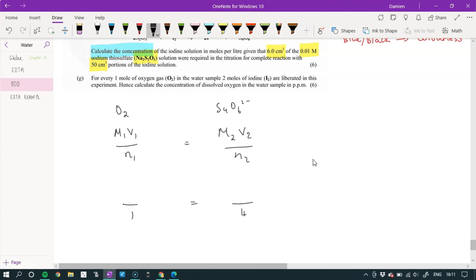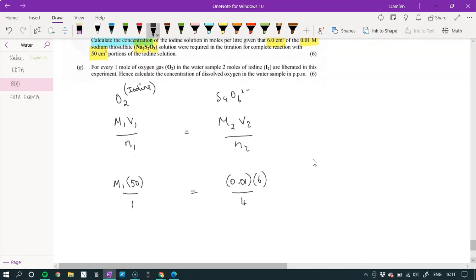Well, we don't know that because that's what we're trying to figure out. So that's M1. And then the volume of the iodine that's used: we're dealing with 50 cm cubed portions of iodine. Remember, O2 is iodine in the question. And then we're looking for the molarity of the sodium thiosulfate. So the molarity is 0.01 and the volume used was 6. That was your average titration.